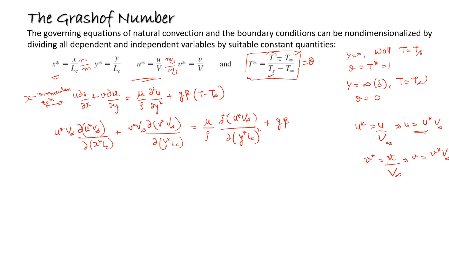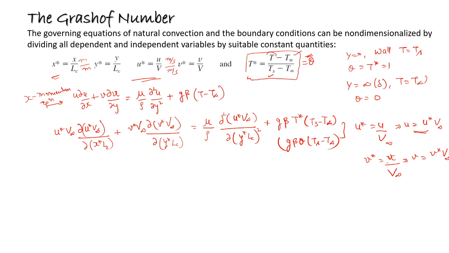And now from this equation, you can see T minus T infinity can be replaced as T star times Ts minus T infinity. In some books this term may be written as g beta theta Ts minus T infinity. So they both are the same.